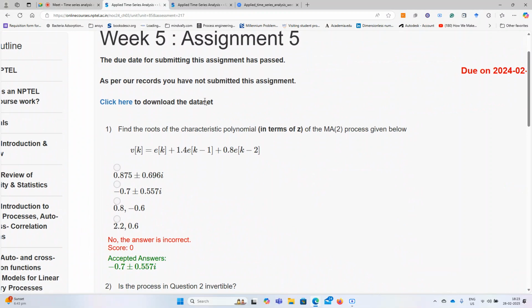Find the root of the characteristic polynomial equation in terms of z for the MA process given below. So these are all the e_k, the white noises at the current time instant, one step backward, two steps backward.